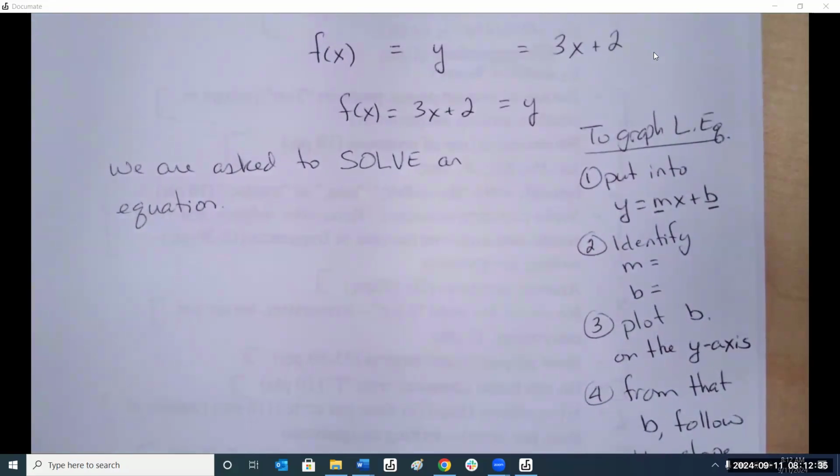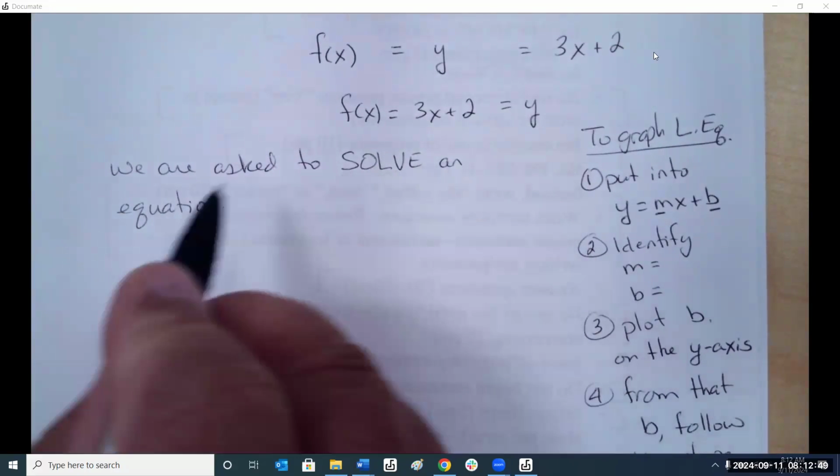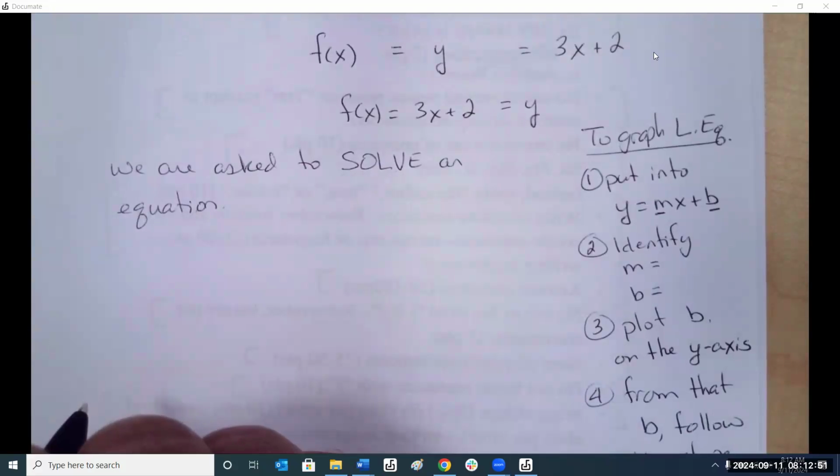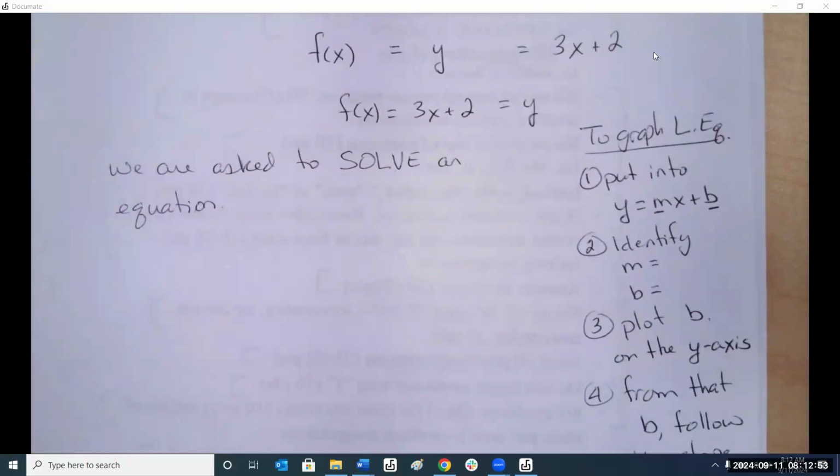Why are we asked to solve an equation? Is there an unknown variable we have to figure out? Yes, there has to be a variable in there. There could be one or more. But what tells us we have to solve for it is that an equation has an equal sign. If it's got an equal sign in it, the first thing you have to do is move the numbers to one side and the variable to the other side.